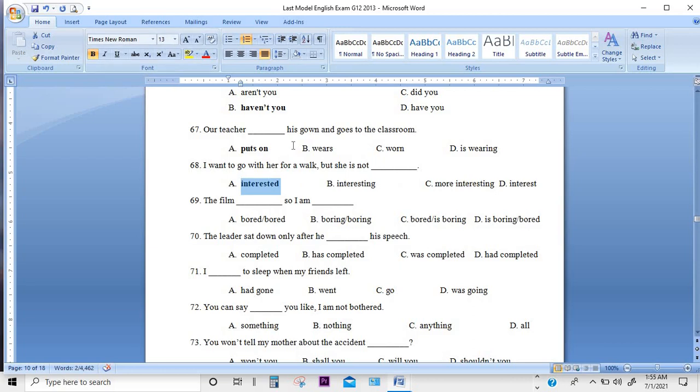I want to go with her for a walk but she's not interested. Okay, very good. Question number 69: the film dash so I am dash.